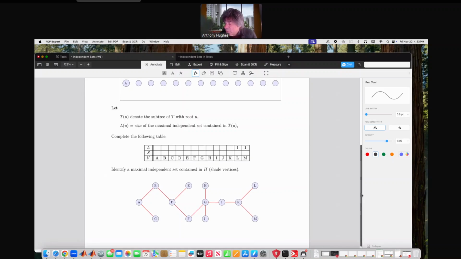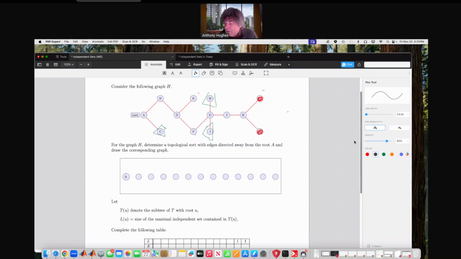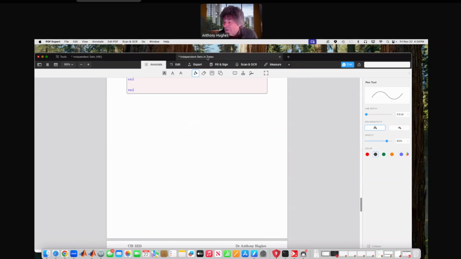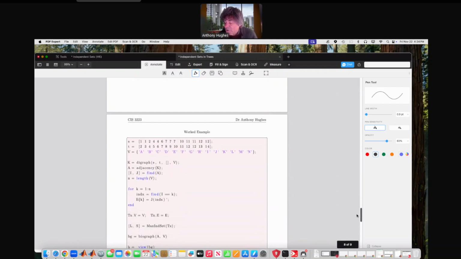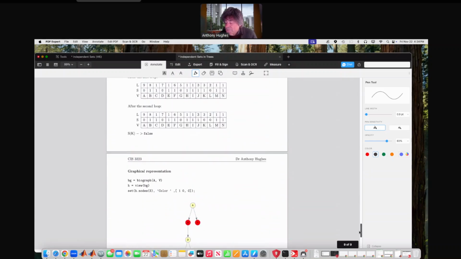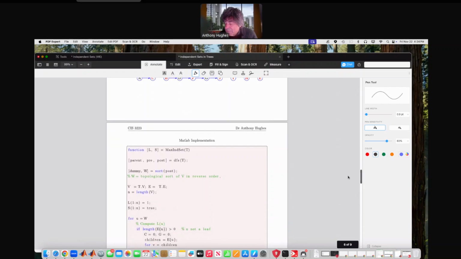We've got to do a maximal independent set. Maybe on this one, I haven't done a DFS on this one. Maybe I'll just go back to the previous one, because I haven't got a DFS for that one, but I got DFS on this one. So back. All right.